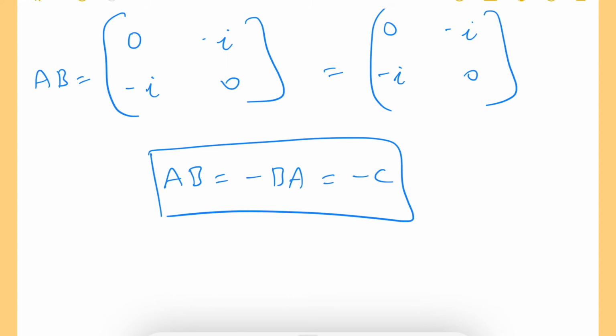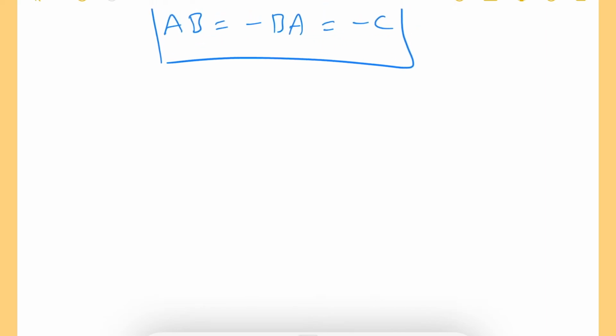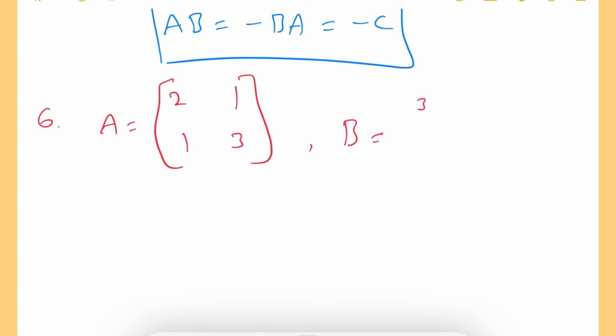Now let's move to the sixth bit. Matrix A is equal to 2 1 1 3 and matrix B is equal to 3 2 0 1 0 4. He is asking to find AB as well as BA if it exists.